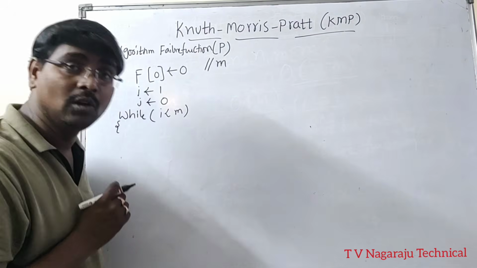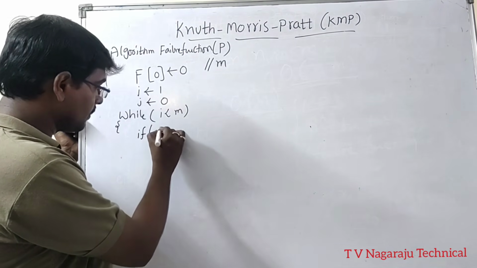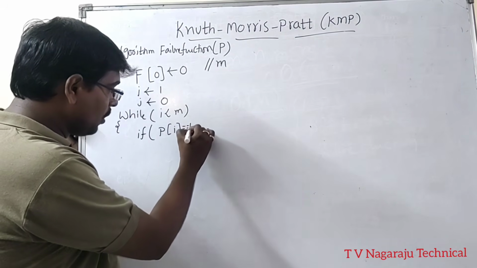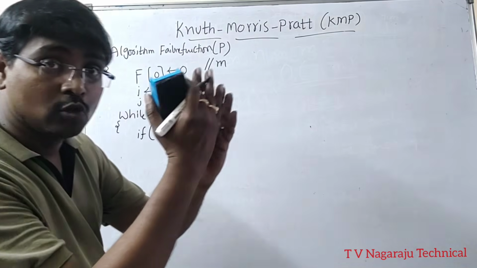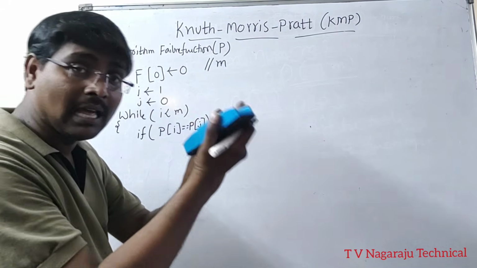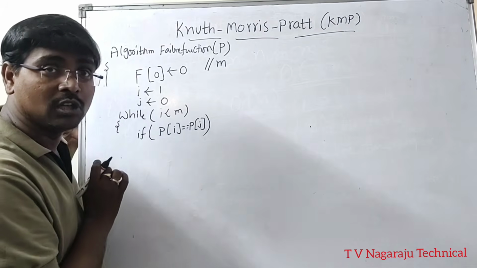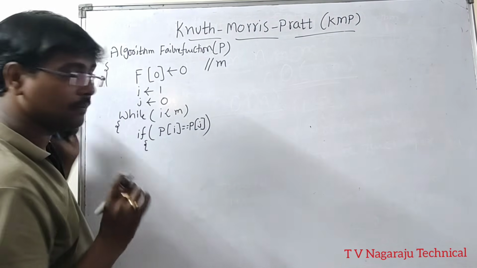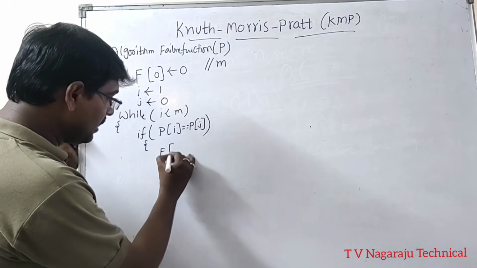Inside the loop, what are we doing? First, do the comparison. If P of i is equal to P of j, what is the meaning? The first position character in the pattern is compared with the 0th position character. Suppose both are equal, then fill the table.